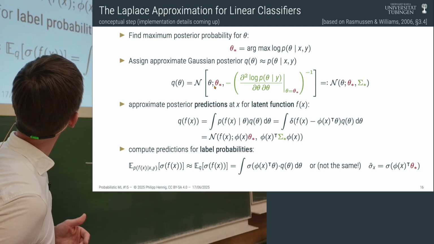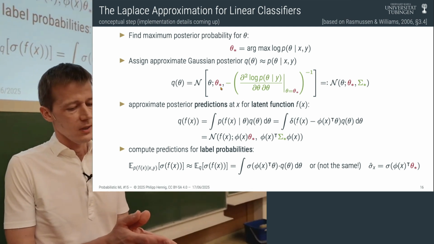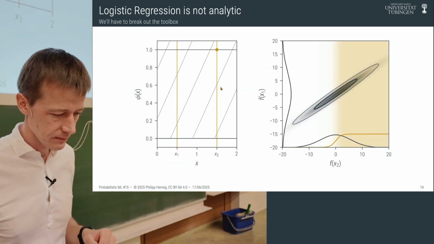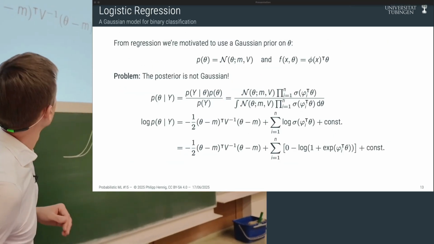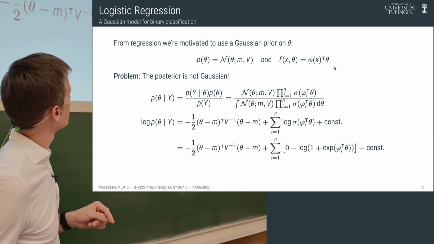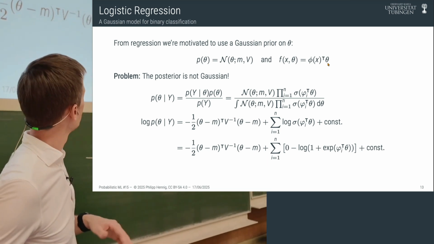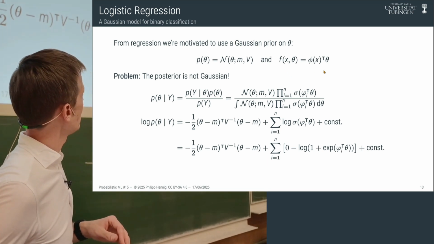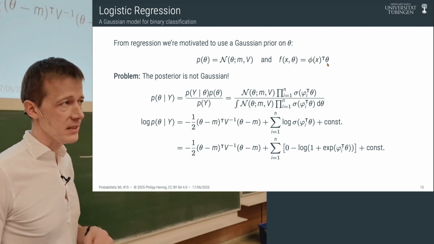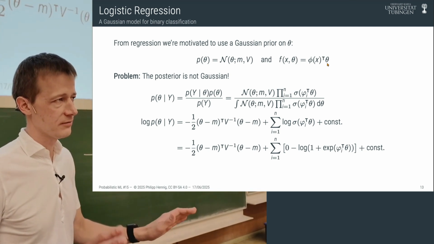So we are learning a distribution over... what's a good slide to look at for this? Not sure. So here, this one, right? So this function that we're doing inference on is linear in theta. And what we're doing now is we're doing inference on f, but actually we're simultaneously doing inference on theta, which is easy to do at the same time because of this linear relationship between theta and f.